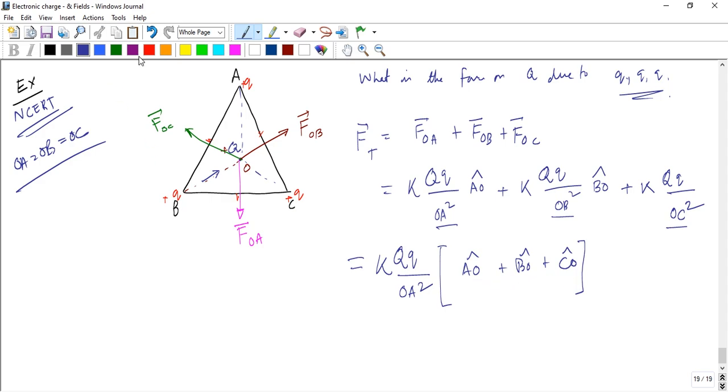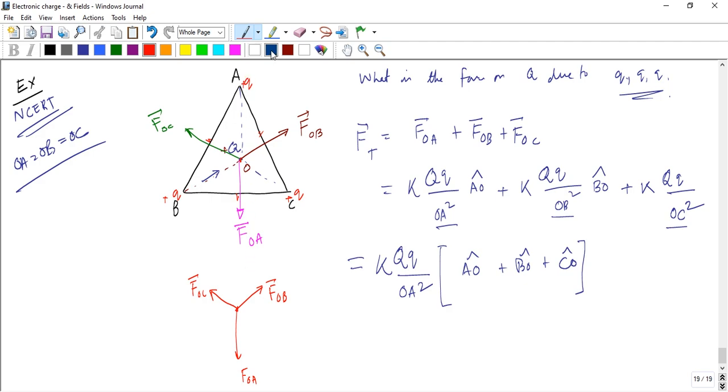Now we can apply the vector triangle law here, the algebraic sum of all of them. If I choose the diagram here, that is F of OB, that is F of OA, and that is F of OC.